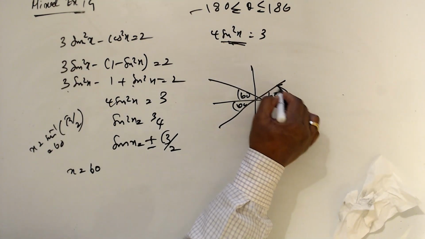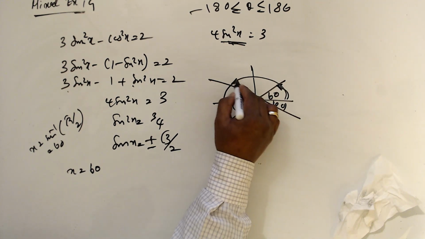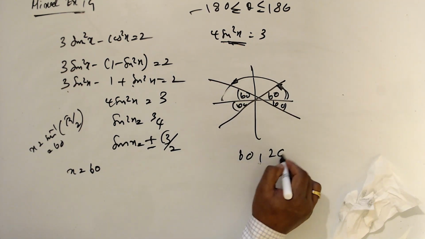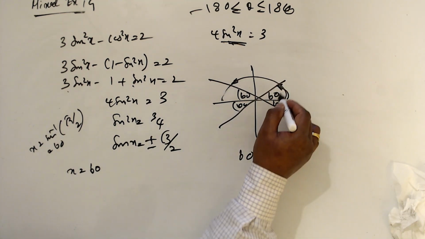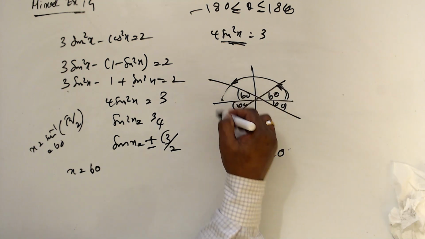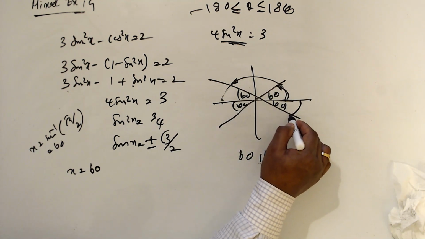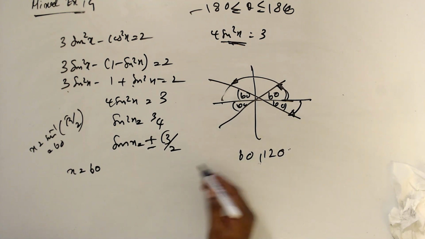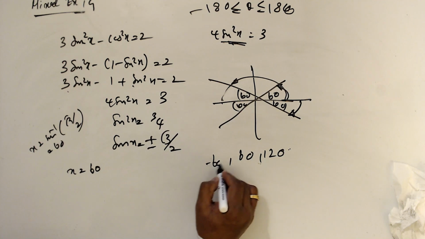So first answer is 60. The second answer is 120. Third and fourth don't work. They are more than 180. Instead, this is going to be minus 60.